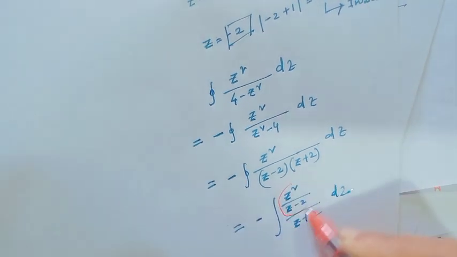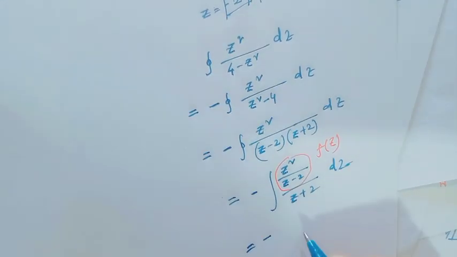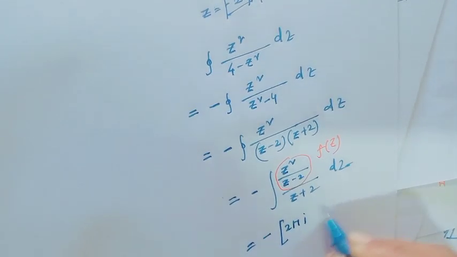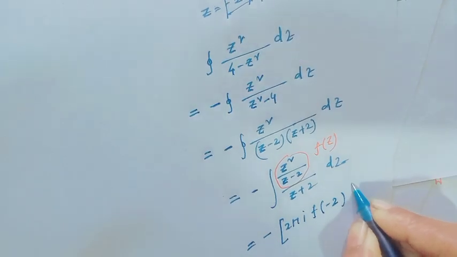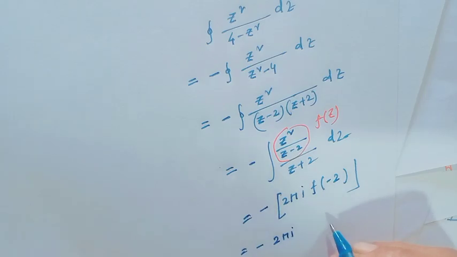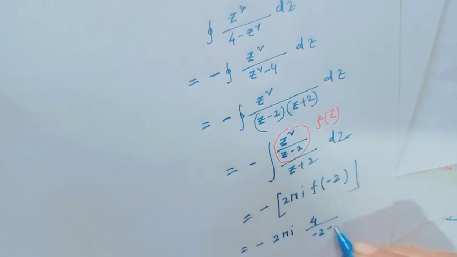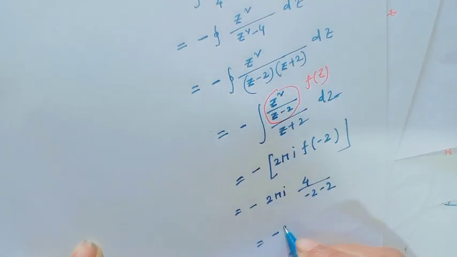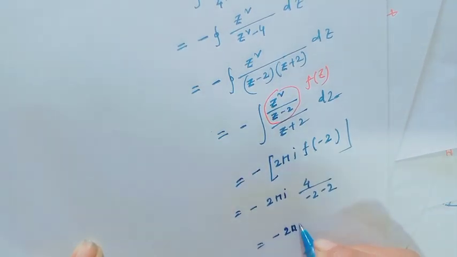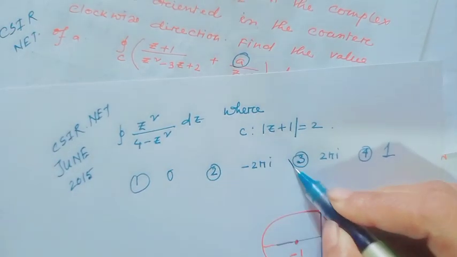By Cauchy's integral theorem, this value is minus 2 pi i f of minus 2, means here 4 over minus 2, this value is minus 2 pi i times minus 1, so this value is 2 pi i, which is the correct option.